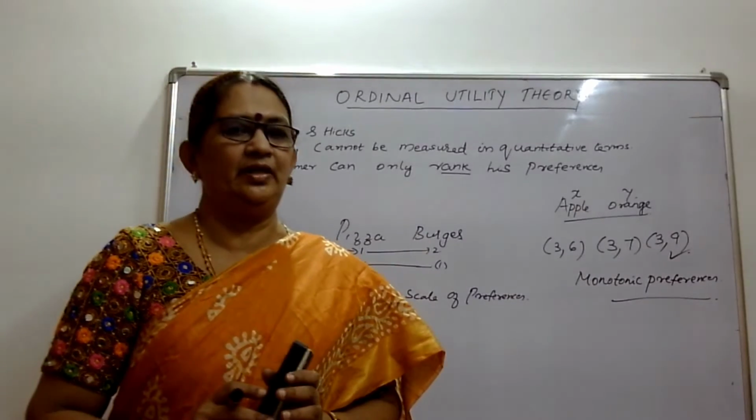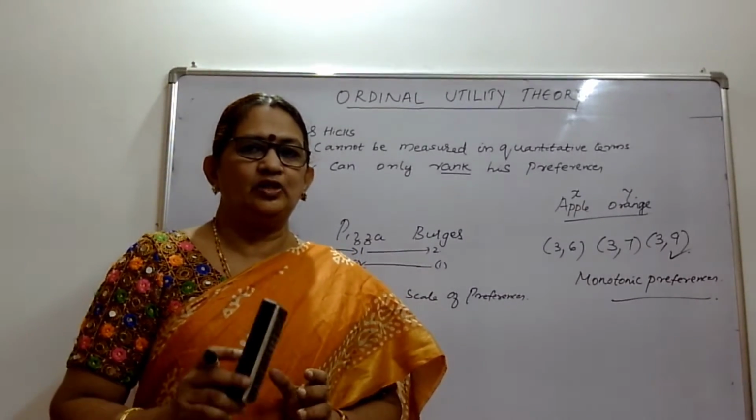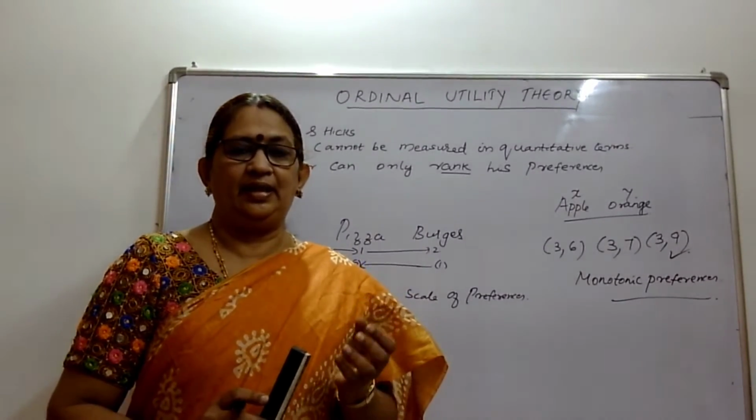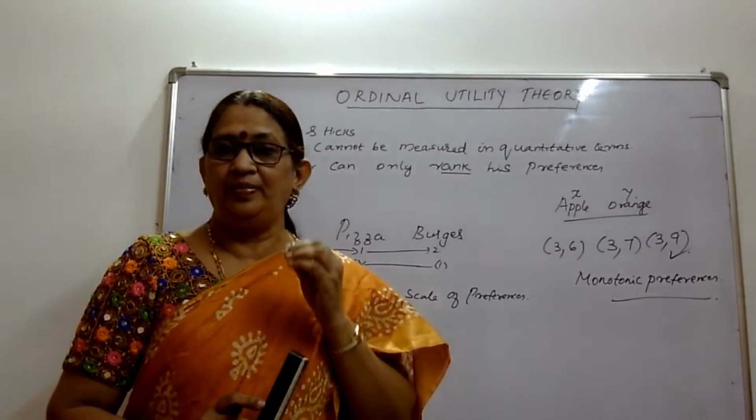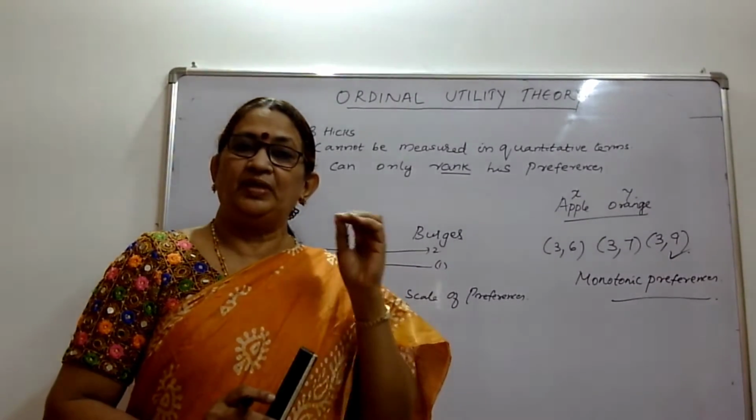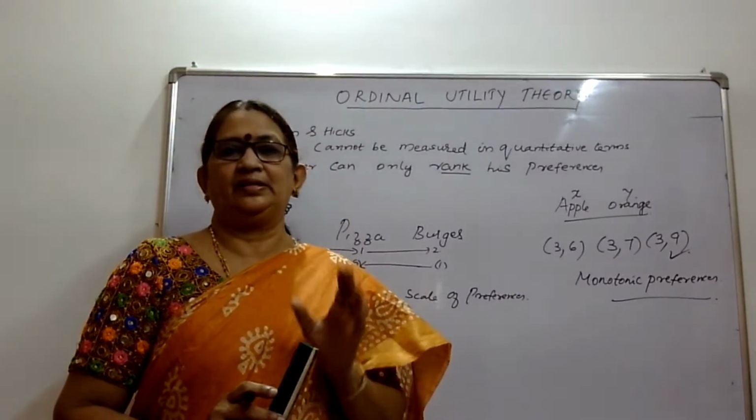So, according to ordinal utility theory, a consumer's utility cannot be measured, but he can only rank his preferences.